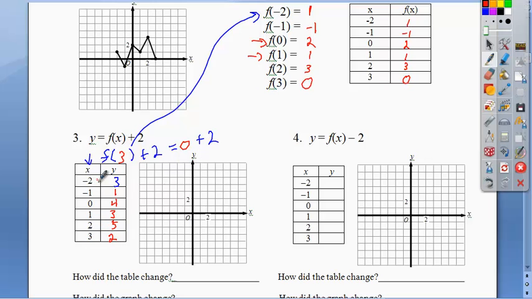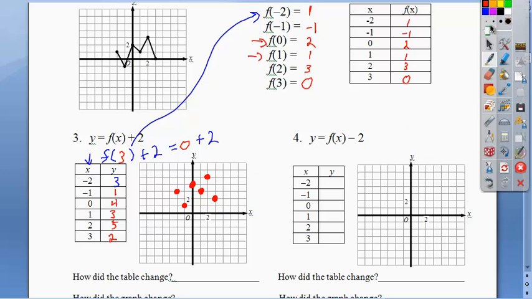So I'm going to go ahead and plot my points again. So negative 2 and positive 3, negative 1 and positive 1, 0 and 4, so 2, 3, 4, 1 and 3, 2 and 5, 1, 2, 3, 4, 5, and then 3 and 2.